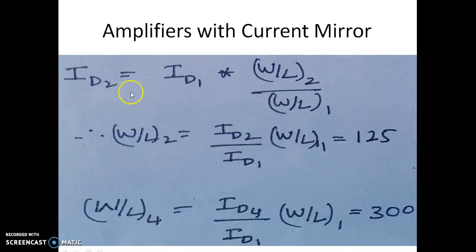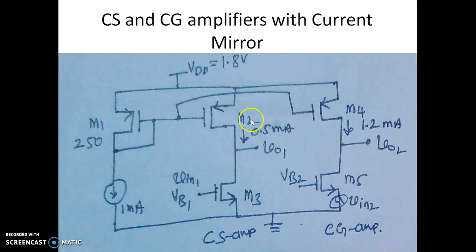Since we want 0.5 milliamperes in the CS amplifier and 1.2 milliamperes in the CG amplifier, the corresponding dimensions of the transistors M2 and M4 happen to be 125 and 300 as W by L. That is, this M2 will have half of this 250, that is 125 is the W by L ratio, and for M4 to have 1.2 milliampere, the W by L ratio of M4 is 300.